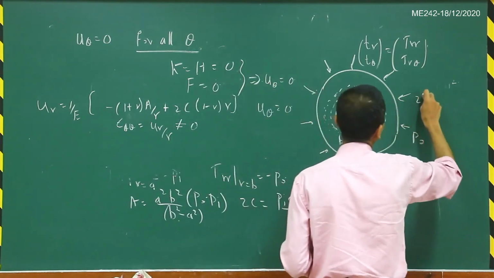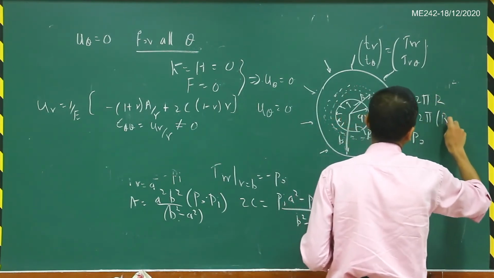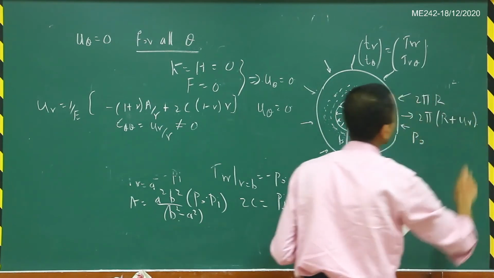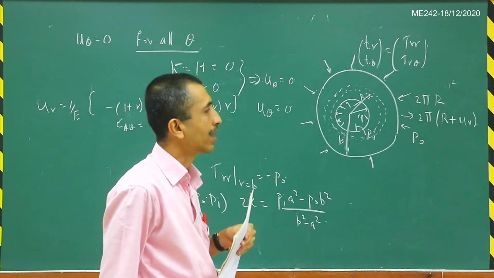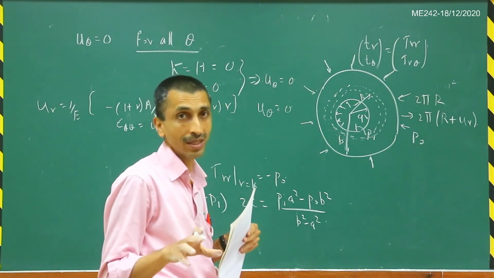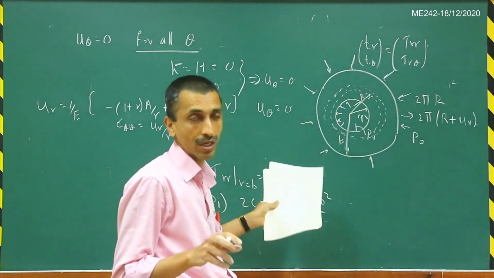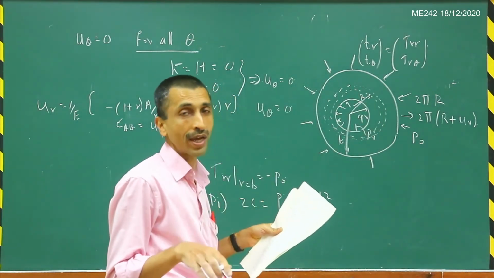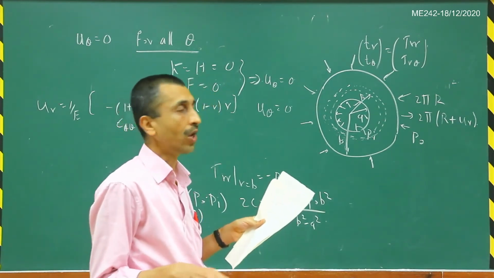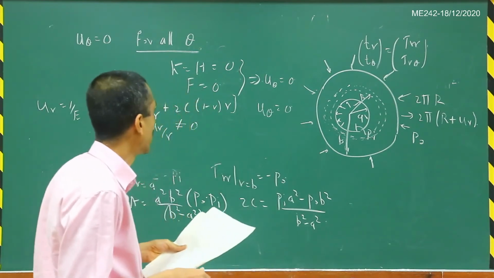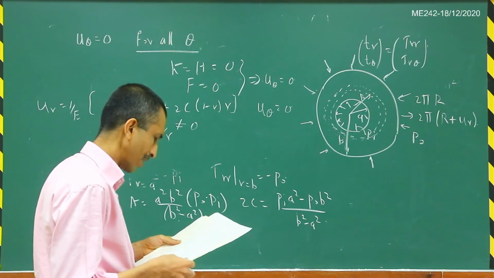Now 2 pi r goes to 2 pi times (r plus ur). So the displacement has been added, and you can see there is a change in length for the fibers running along that particular circle. So even though u theta is 0, epsilon theta theta is not 0. Similarly, tau theta theta is also not 0. This is something one should not make a mistake about.